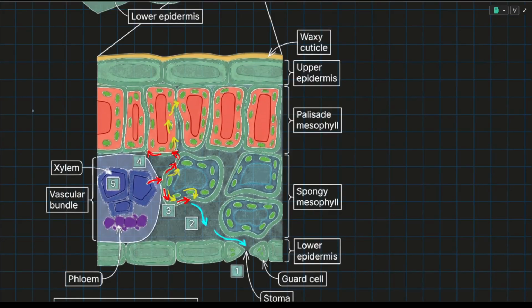Before that, let's consider this water molecule. That's a water molecule. Where does it originate from? It comes all the way from the soil. From soil, what's the next specific target of this?